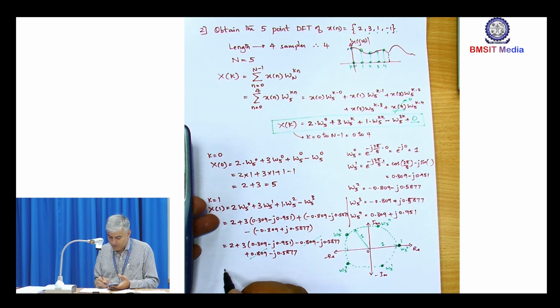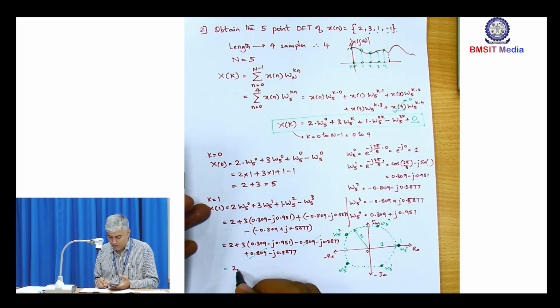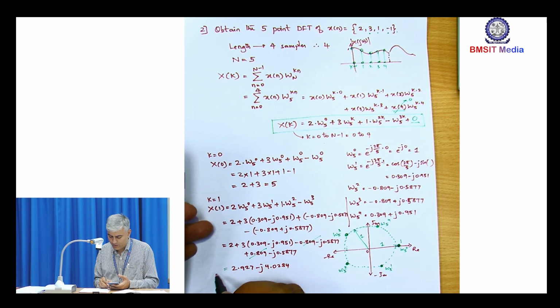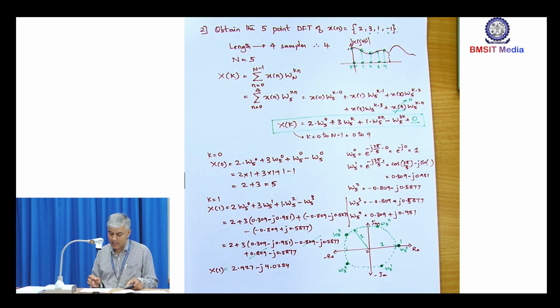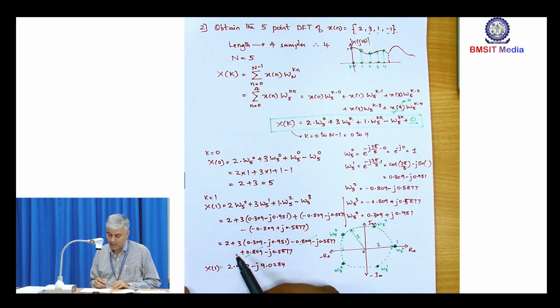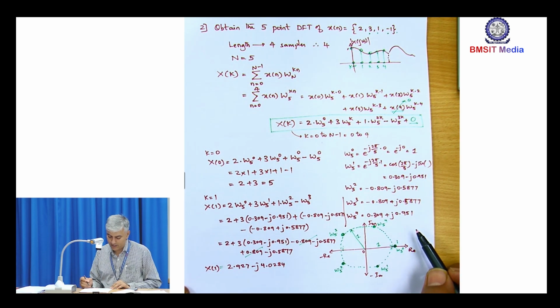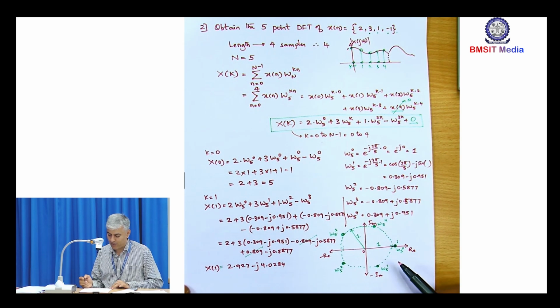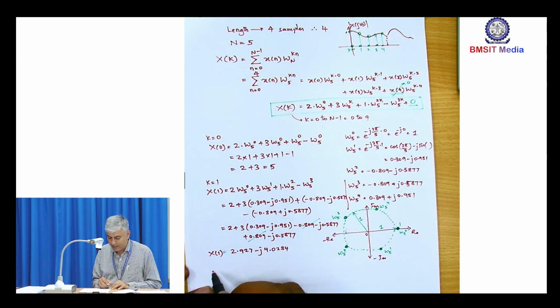The value is 2.927 minus j 4.0284. So this is x of 1. That means the second value in our 5-point signal happens to be x of 1. On the same line, I will be able to tell you the next values.